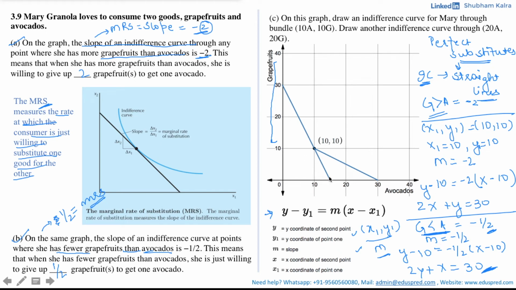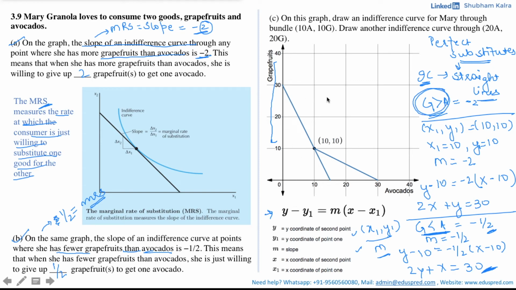So let's figure out which section is part of your indifference curve and which is not. Note that this line is again divided into two parts by the consumption point 10, 10, where she is again having equal amounts of avocados and grapefruits. So let's see which section of the line will satisfy the condition of more grapefruits than avocados.